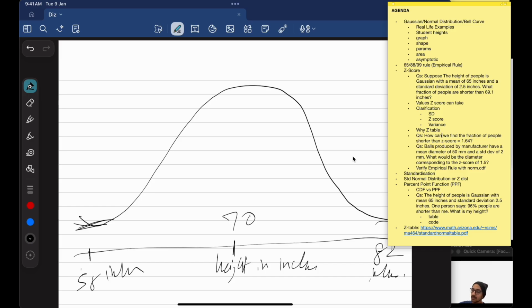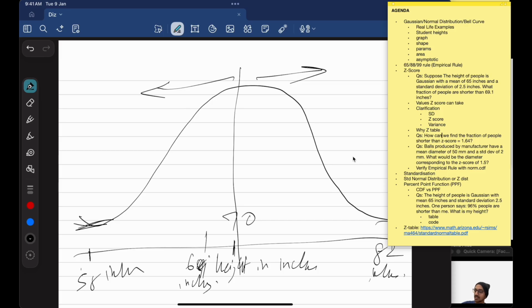Right, so now the mean is 70, so 50% of data is on the left and 50% on the right. Now if I ask a question, what percent of data is less than 68 inches?